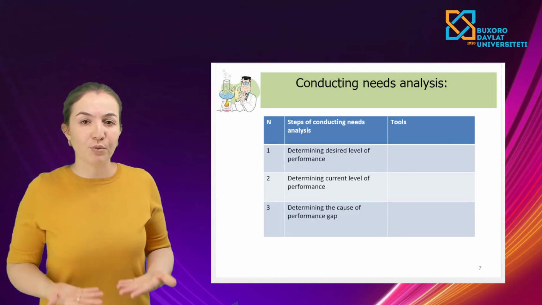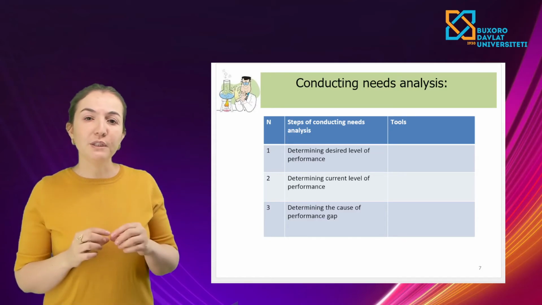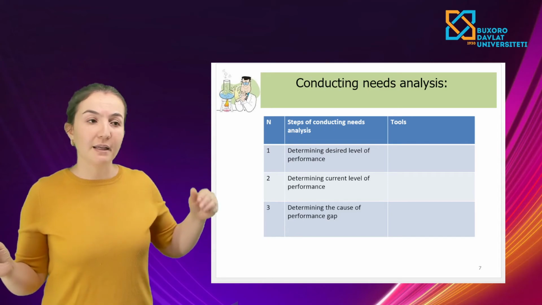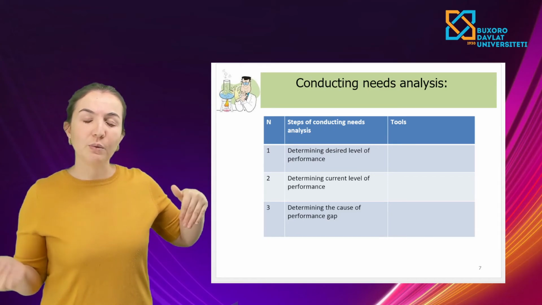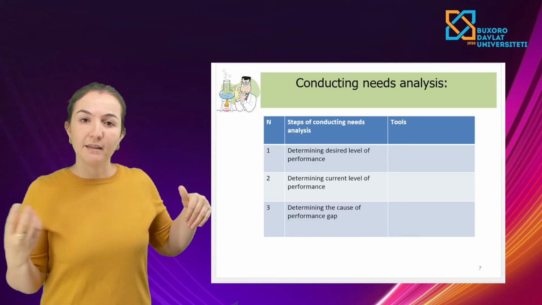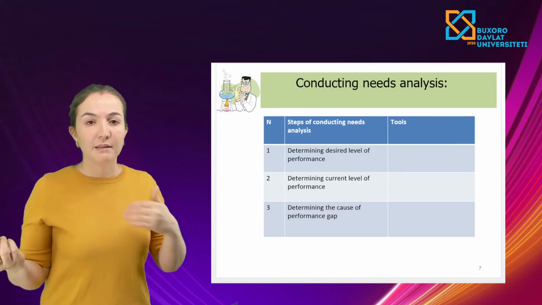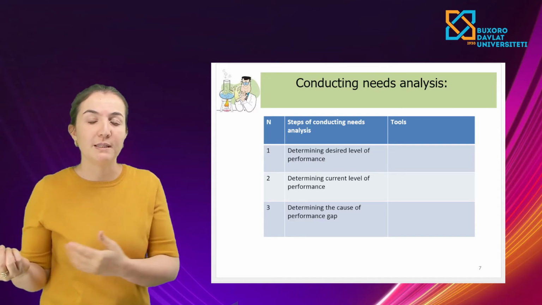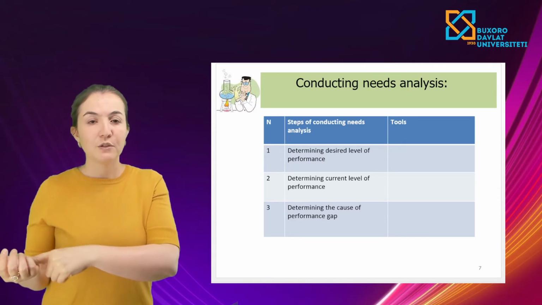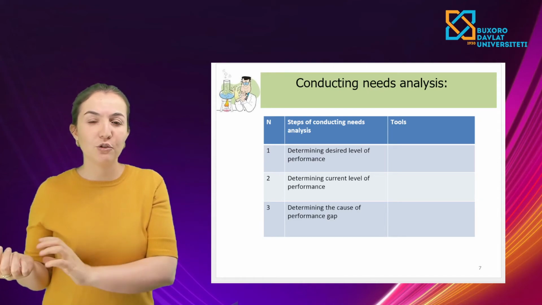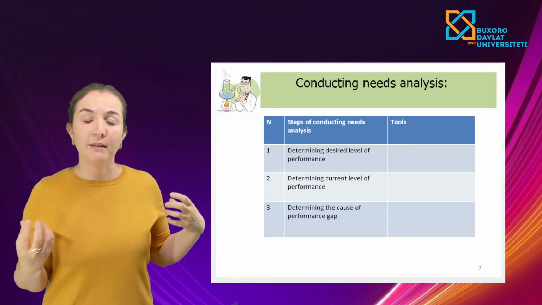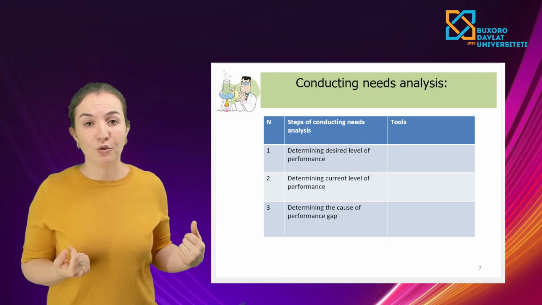If you draw it as a straight line, the starting point will be the current level of performance and the ending point will be the desired level of performance that your learners should move to. So first you determine your aim, the desired level, then you determine the current level of the learners.